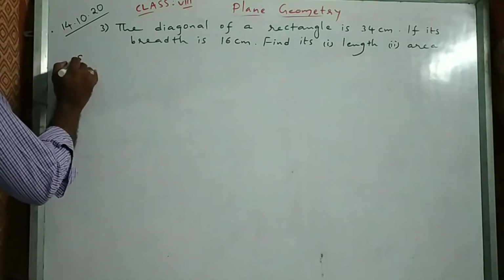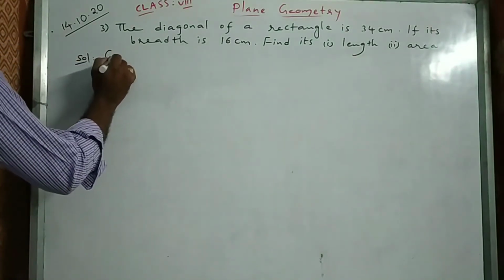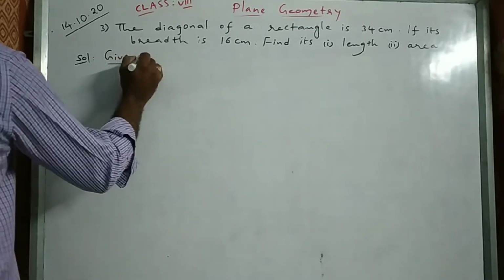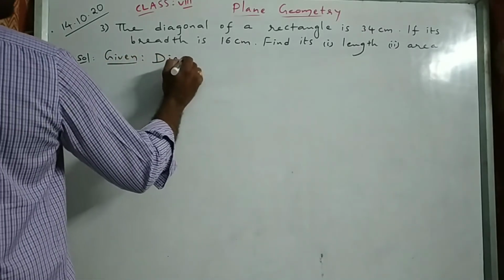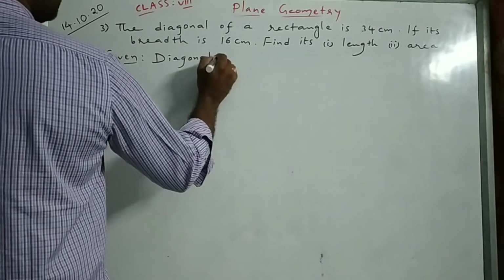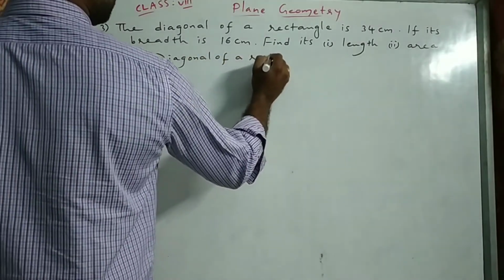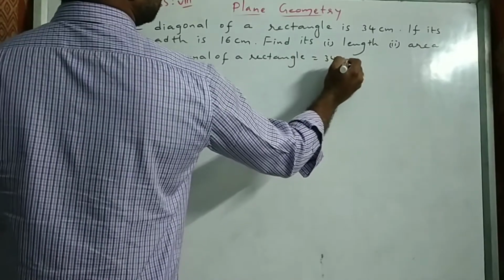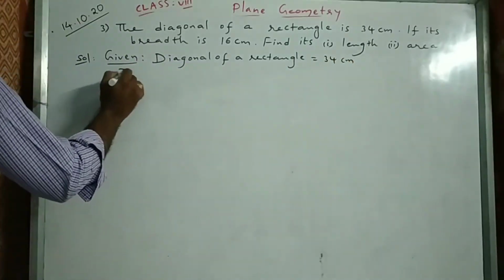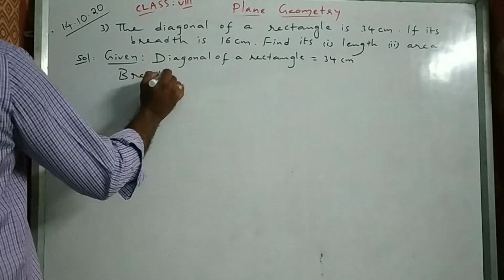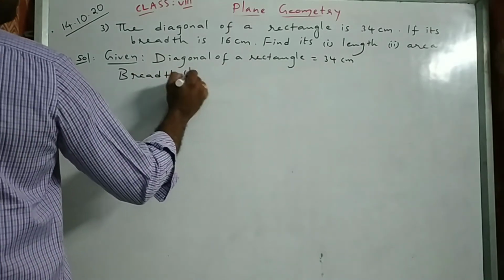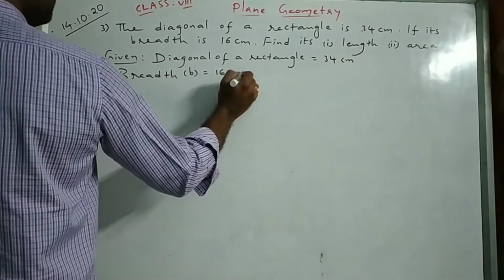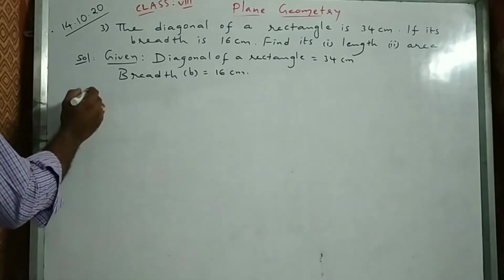Okay. What is given here? Diagonal of rectangle is given. Diagonal of a rectangle is 34 cm. Breadth is also given. What is the breadth? B equal to 16 cm. So we should find the length, right?